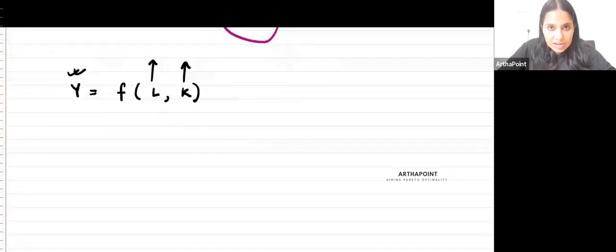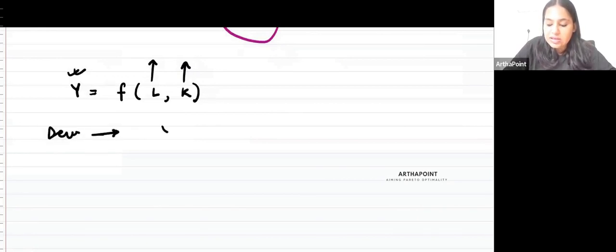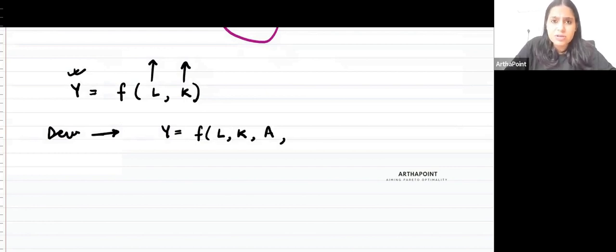Now, ideally speaking, when we go to development economics, we will notice that y is a function of labor, capital, technology, different things, population, whatever. So in macroeconomics, we extend it to many variables.